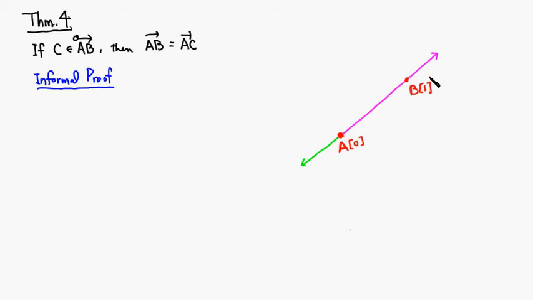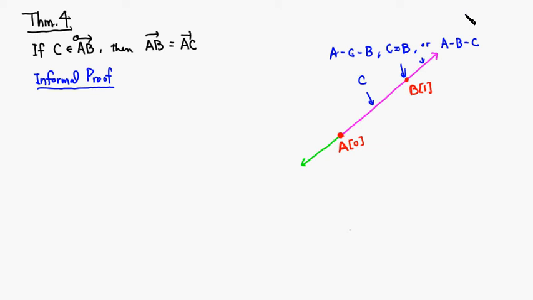A possibility would be that C is between A and B, or it could be right on B, so C is equal to B, or here, which is the condition B is between A and C.